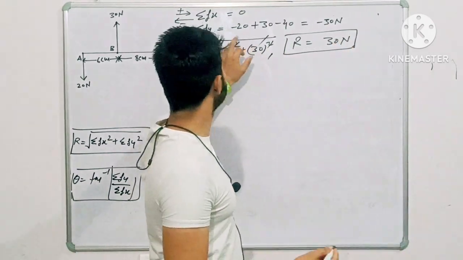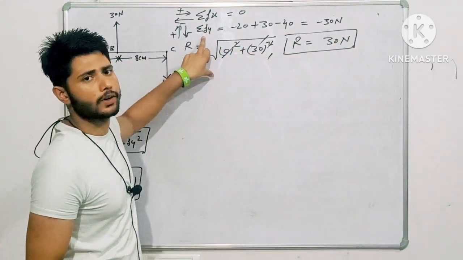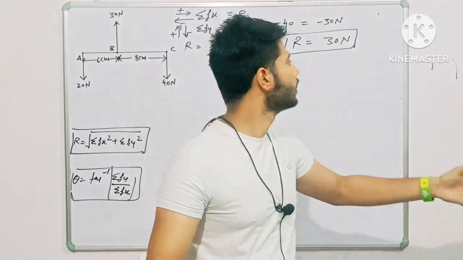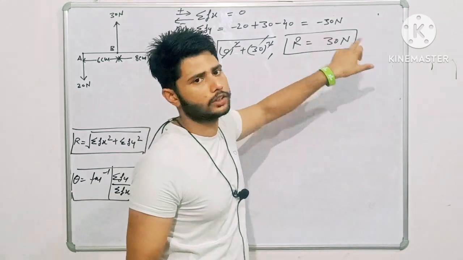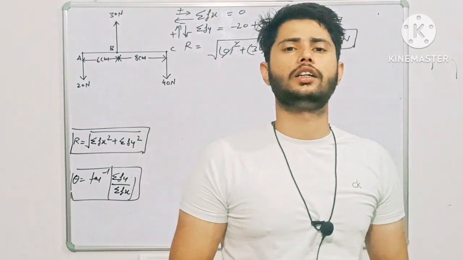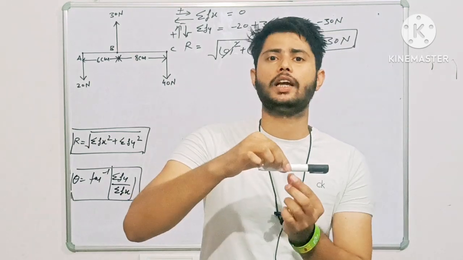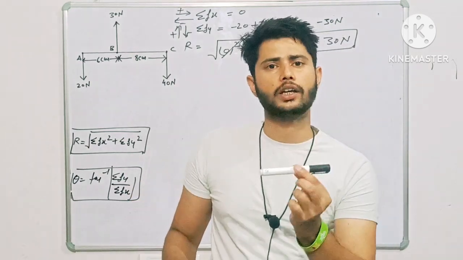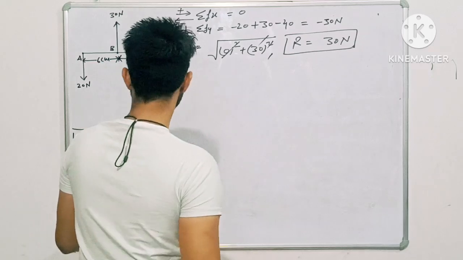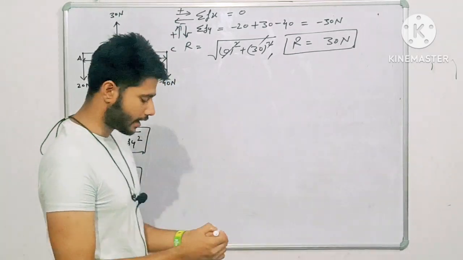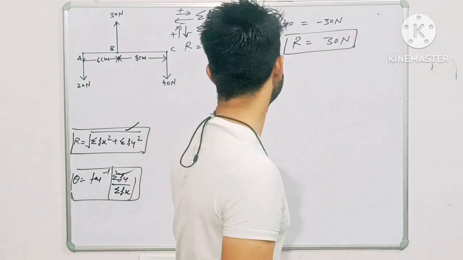So according to summation of F of y, which means the summation of all the vertical forces, our answer is minus 30 Newton, which means our resultant is going in the downward direction, exactly a vertical force acting downward. Then come next, we have already found the resultant and its direction.